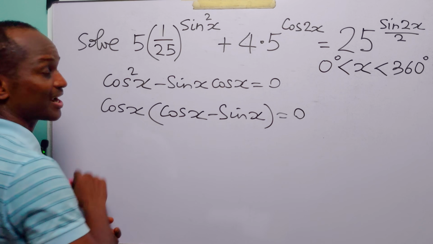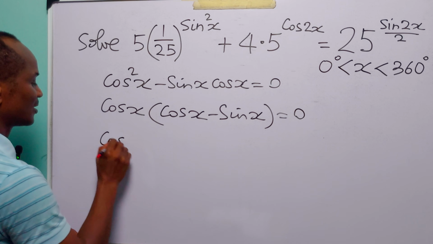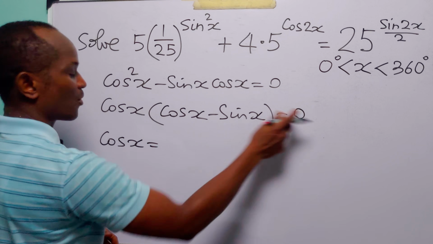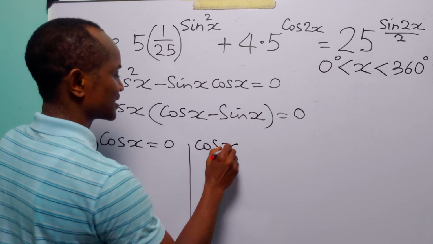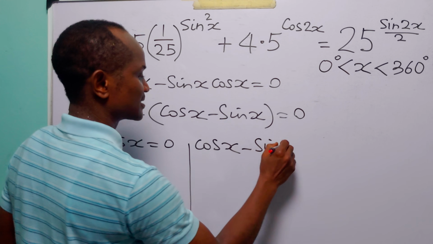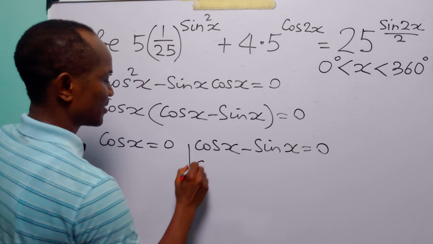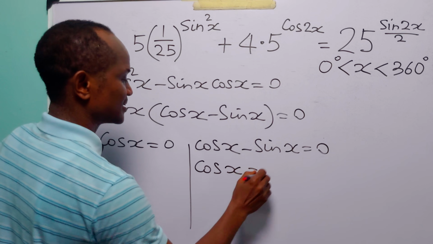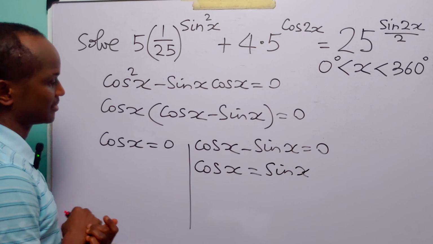Now that we have factorized the left-hand side, it's very easy to see that either cos x is equal to 0 or cos x minus sin x is equal to 0. And of course, from here we have that cos x is equal to sin x.